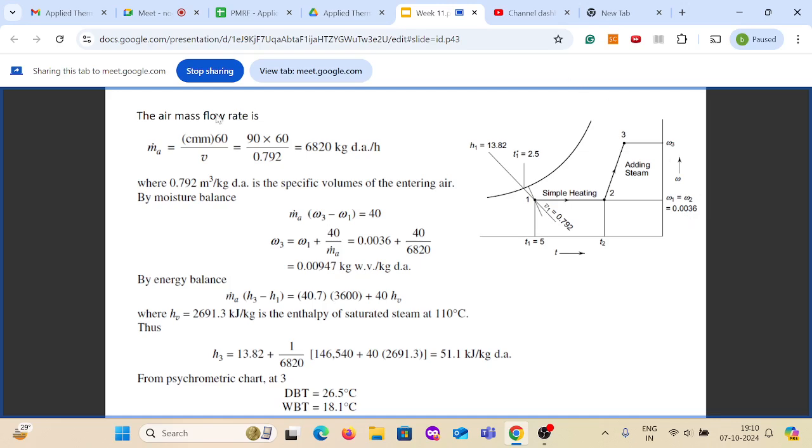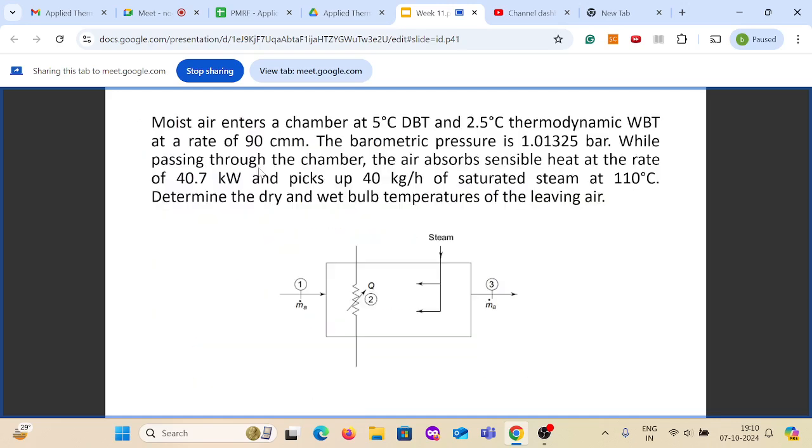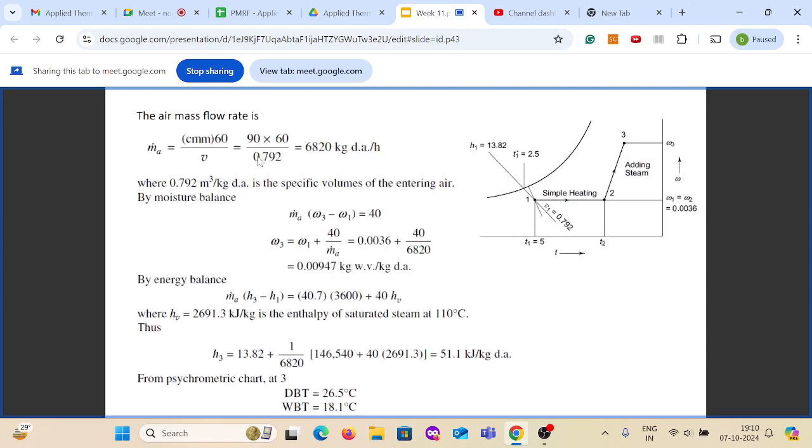Mass of air is the volume flow rate, 90 cubic meters per minute, into 60, divided by the specific volume 0.792. We're converting into hours, so that gives you 6820 kg of dry air per hour. That is the mass of air which is flowing inside.